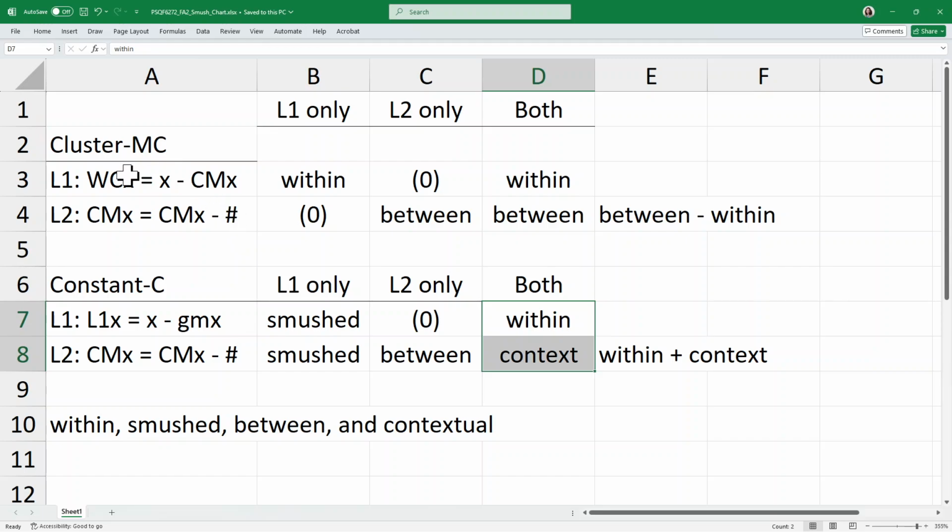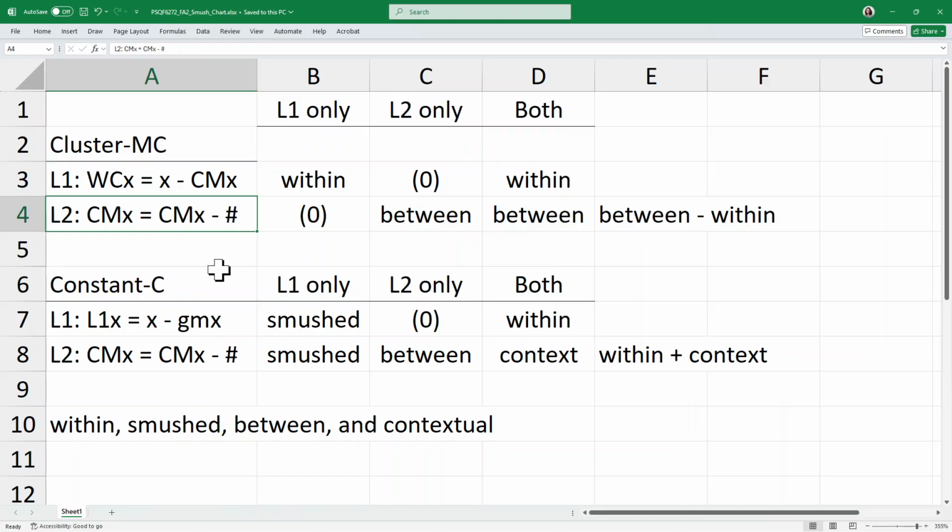So if we're using cluster mean centering at level 1, we still put in the cluster mean at level 2, usually. These would be the two variables we'd consider. And the beauty of cluster mean centering is that each predictor's slope means what you think it means, regardless of whether the other one's in the model. If I only put in the level 1 slope, I allow for a within main effect, and I say that the between main effect is 0.